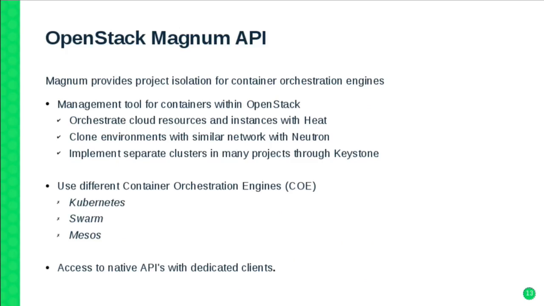So how does it work? Magnum provides Kubernetes cluster isolation for OpenStack projects. So it's a really good tool for creating, orchestrating the OpenStack resources and launching the nodes using Heat.